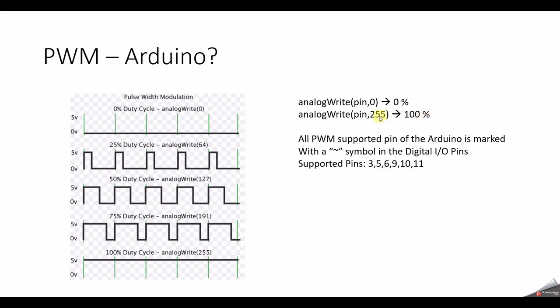If we want 50% duty cycle, we need to write pin comma 127.